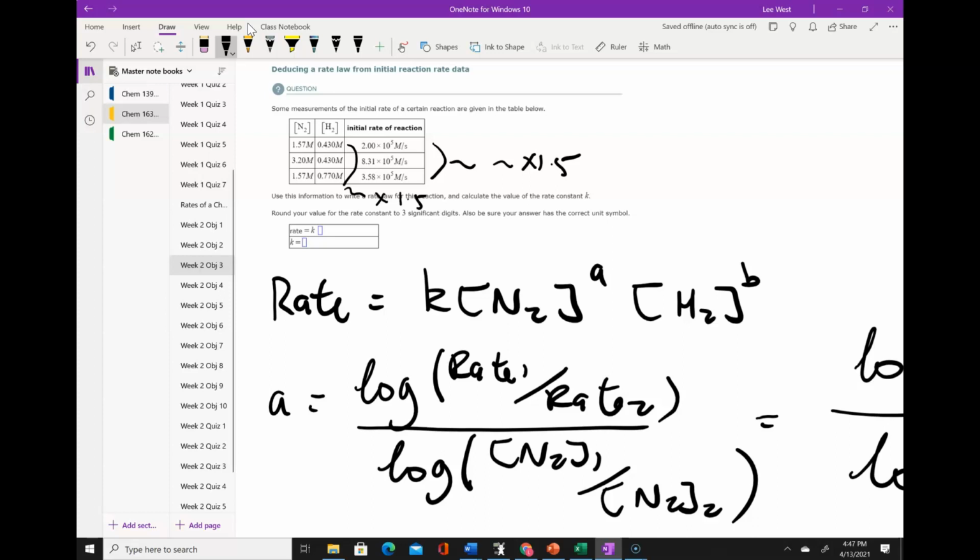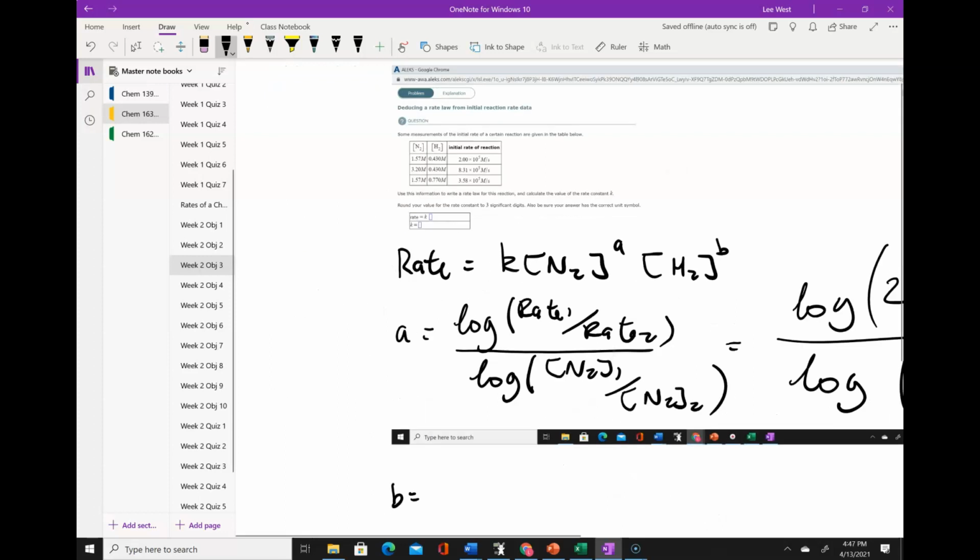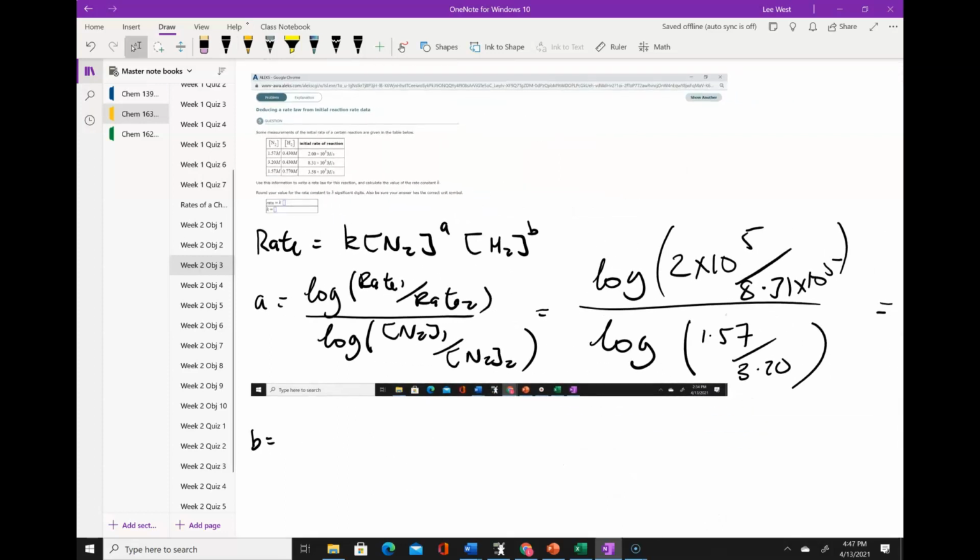Because 2 times 1.5 would give me 3.5. So I'm guessing, just eyeballing it, that it is first order in H2, but that's not good enough. We can't just eyeball stuff like that. It's not cool.